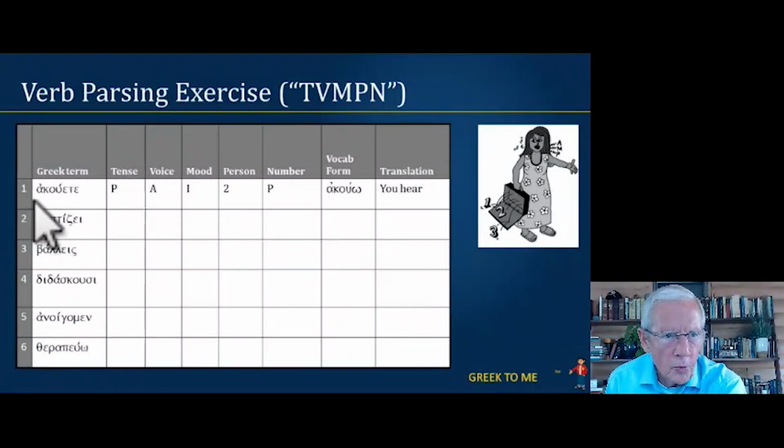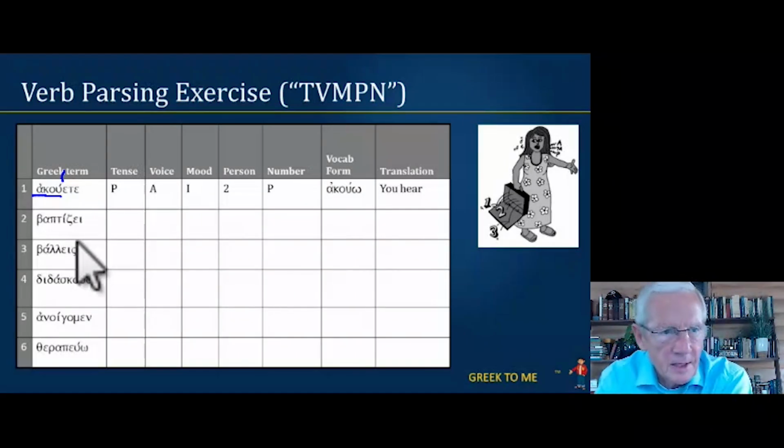Now, when we are working with verbs, what we want to do is to be able to isolate the stem from the ending. So our stem is from akouo, but the stem is akou. And then we have the ete ending. That's a second person plural. So look at the parsing that is given to you on the screen. We put in P for present tense.